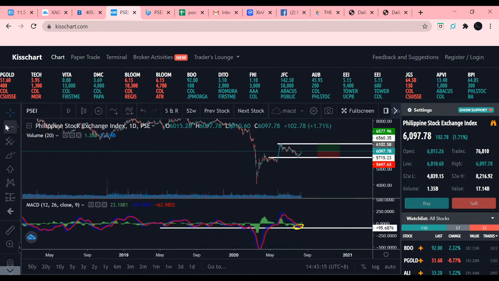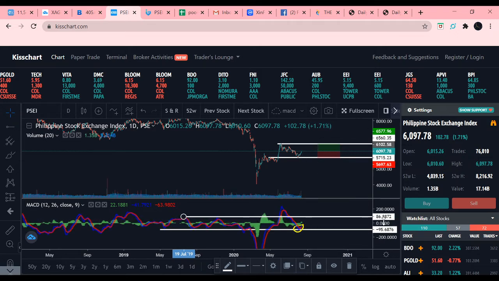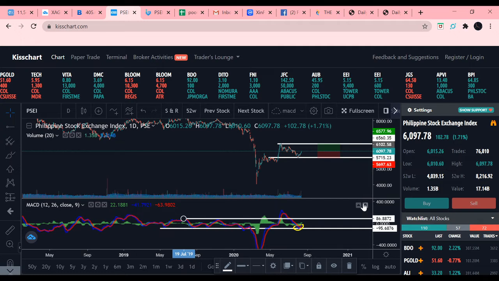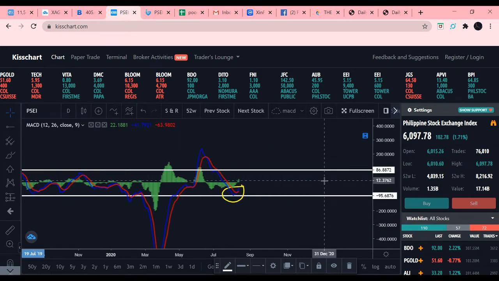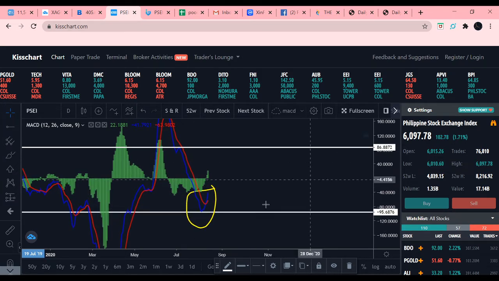And then the resistance dito sa MACD, of course, antayin natin dito sa area na to kung magkaroon na ng crossovers. So, that's it. Wait, check lang natin kung meron naman na divergence. So actually it's a big to small. Big to small.